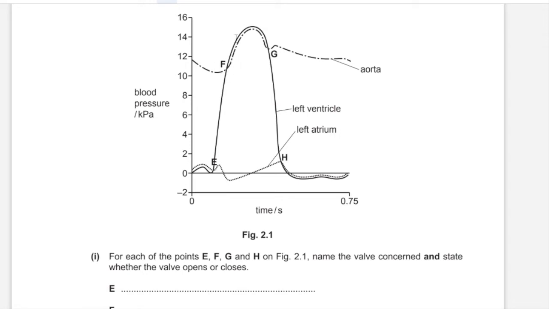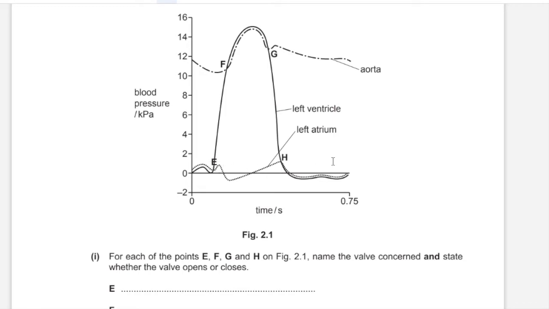Again at G, the pressure in the left ventricle falls below the pressure in the aorta, and that means as a result of pressure, blood would flow back from the aorta to the ventricle, and to prevent that from happening, the semilunar valve would close. And at H, the pressure in the left ventricle falls below the pressure in the left atrium, so the blood would flow down the pressure gradient from atrium to ventricle, and as a result, the atrioventricular valve would open.